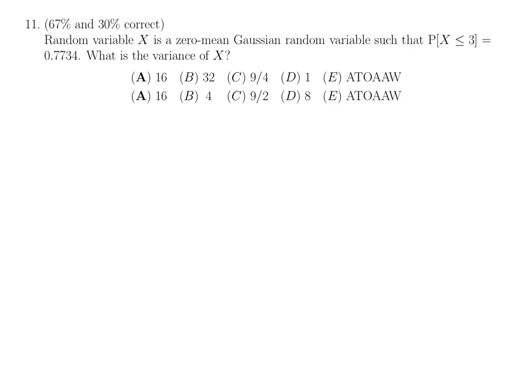The text said random variable x is 0 mean Gaussian. Probability x is less than or equal to 3 is 0.7734. What is the variance? And the two problems were almost the same.